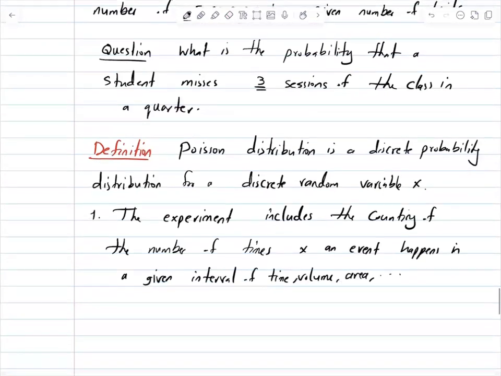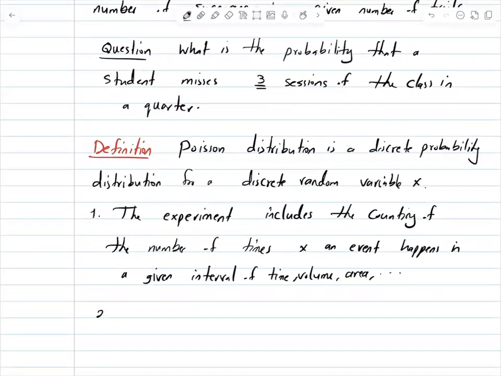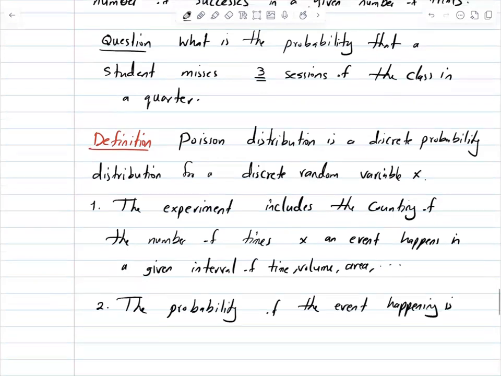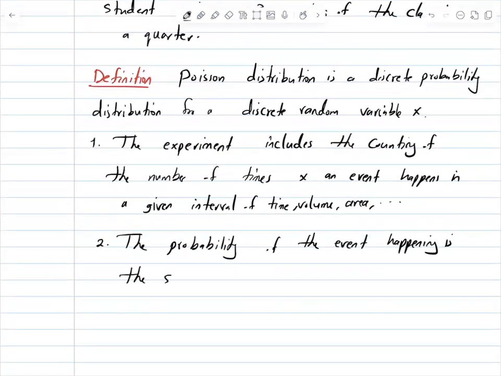Number 2, the probability of the event is the same for each interval.